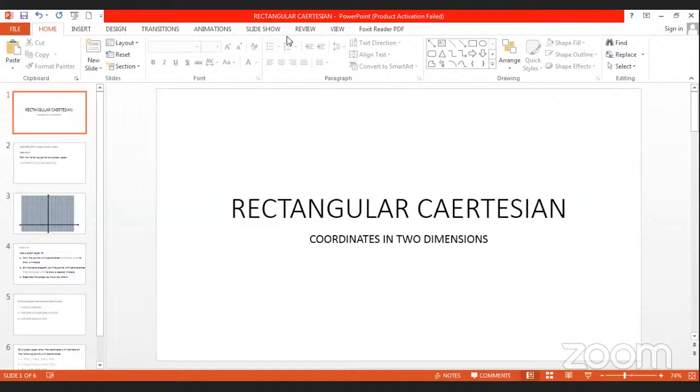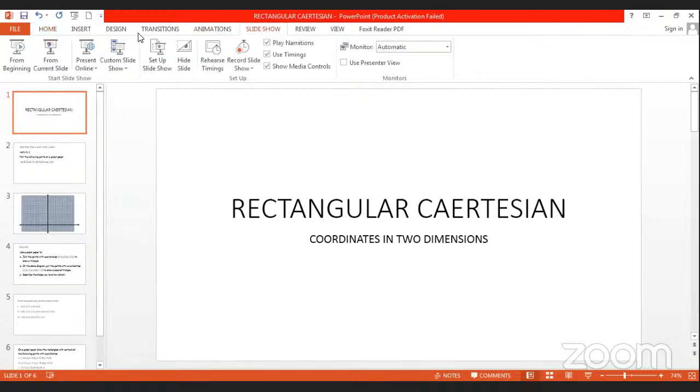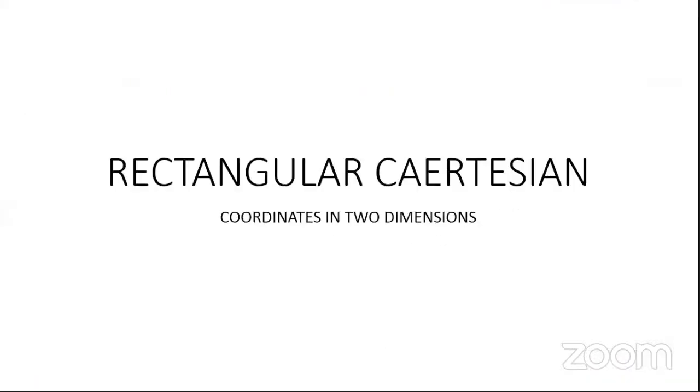So our topic is about rectangular Cartesian coordinates in 2 dimensions, which is x and y. Did you draw some graphs in the primary, like plotting?